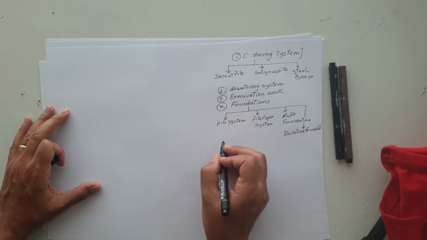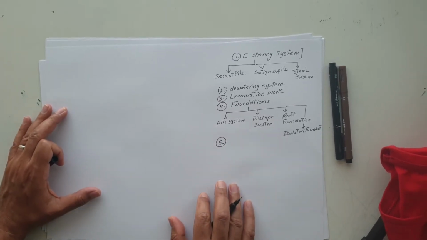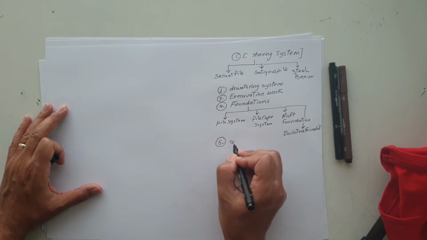This is number 4. Number 5, we are going to talk about the core system.